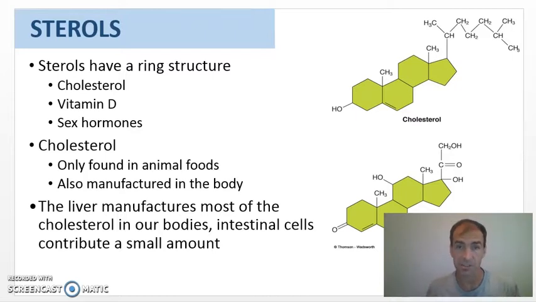The second group is what we call the sterols. Now, you probably never heard of sterol, but you have probably heard of cholesterol. And cholesterol technically is a sterol, a lipid, a fat. Sterols are unique, and in fact, if you look at the diagram over here, sterols actually look a whole lot more like a whole bunch of glucose and fructose put together, and though they're not, they do have a similar ring structure.